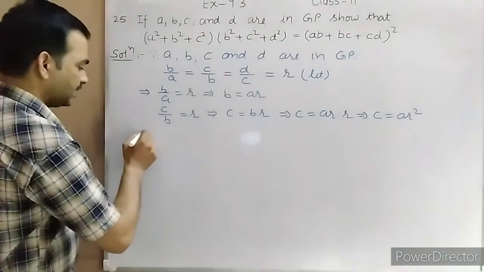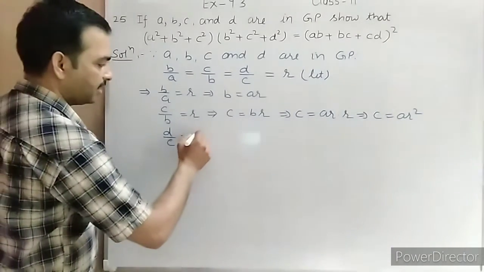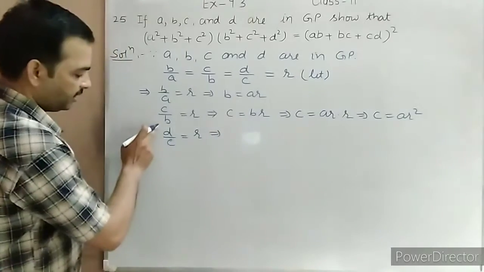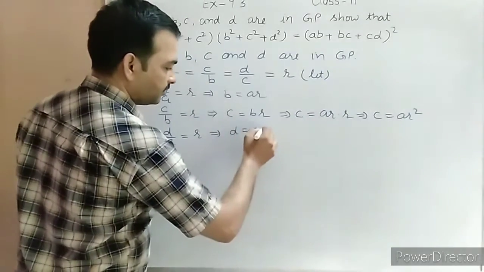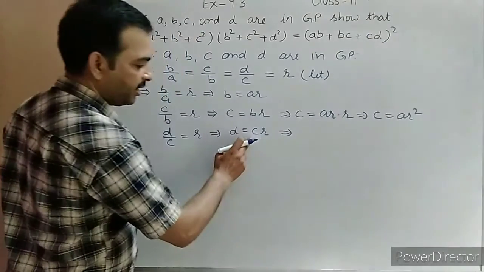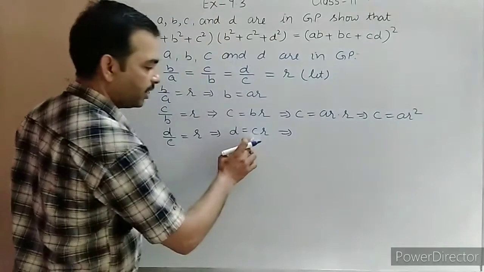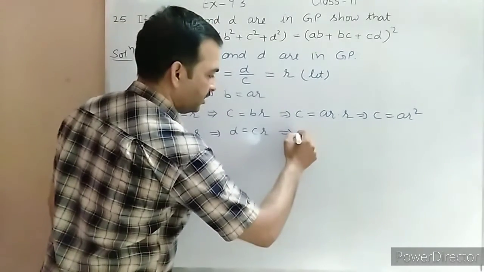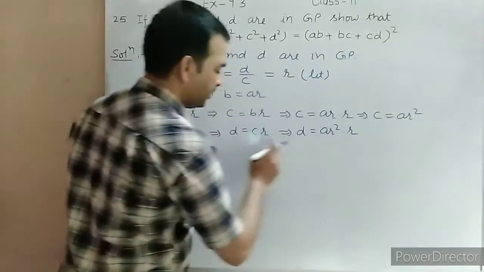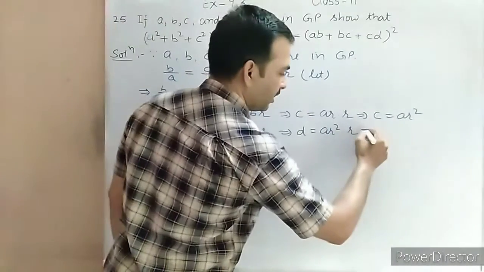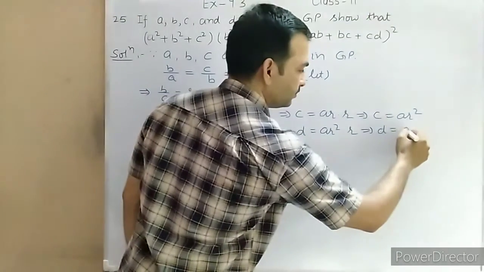Now the last one, D by C is equal to R. This implies D is equal to CR. If I put the value of C, C is equal to AR square, I get D is equal to AR square multiplied by this R. So D is equal to AR cube.